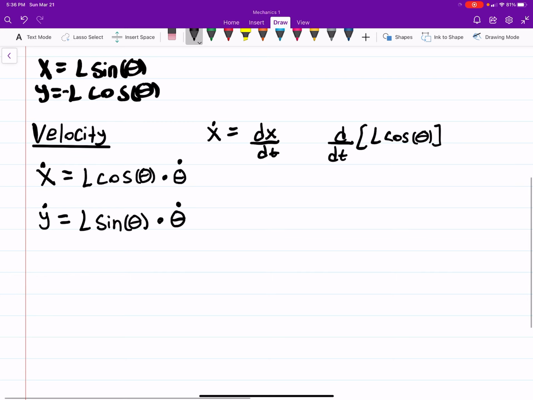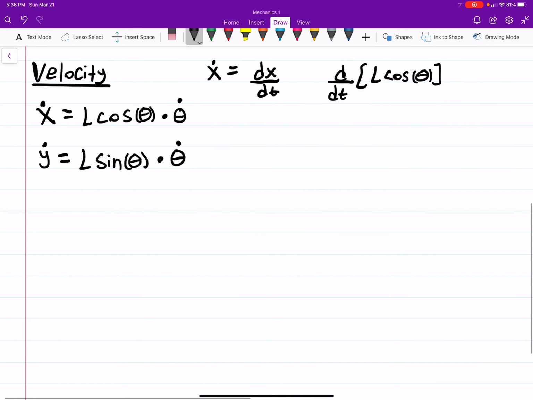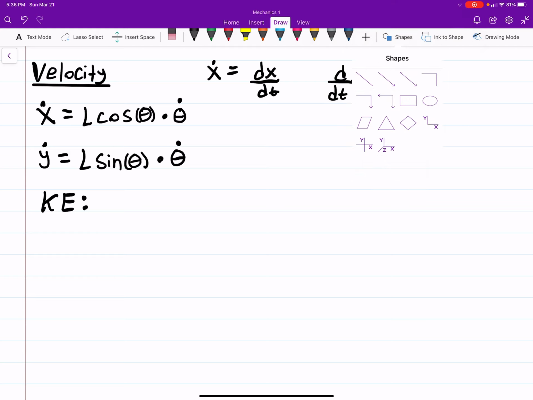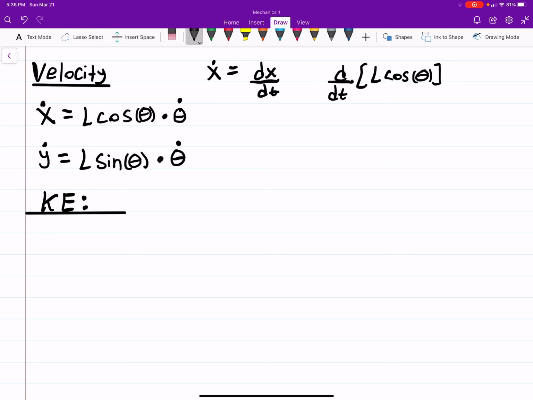Now, from here, we can get the kinetic energy, because the kinetic energy is equal to 1/2 mv squared, or 1/2 m times x dot squared plus y dot squared, right?